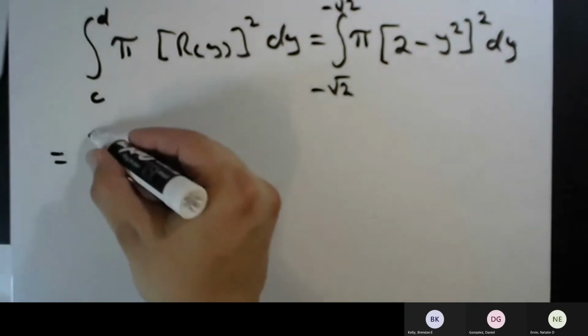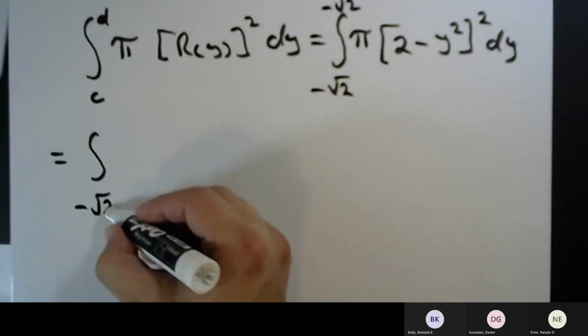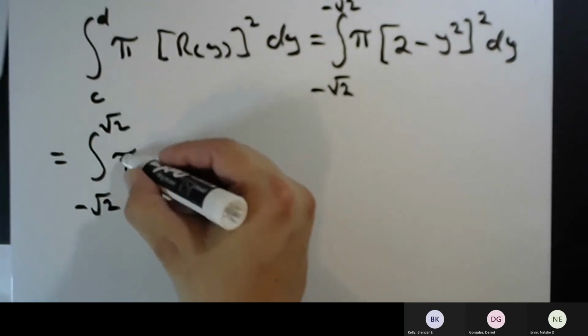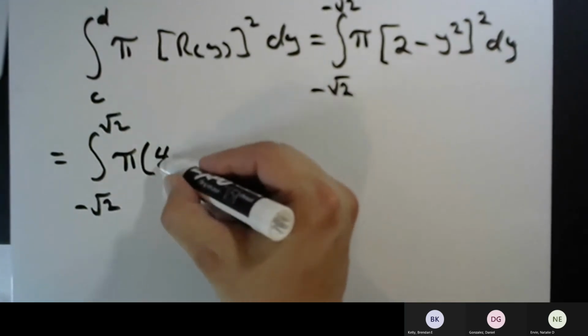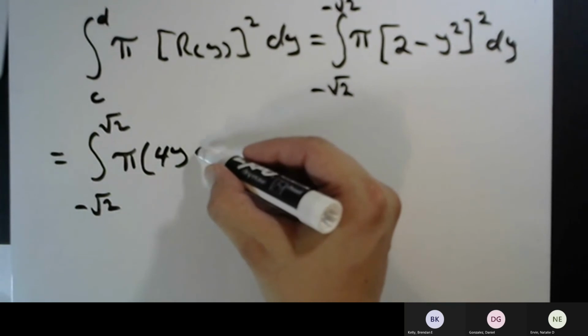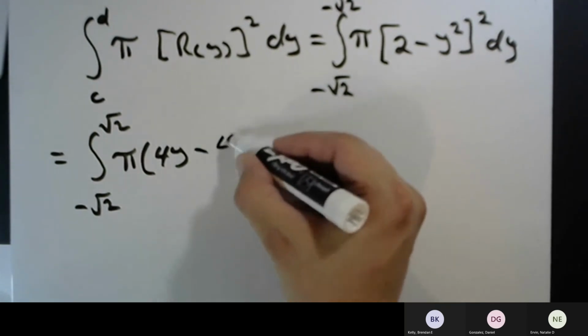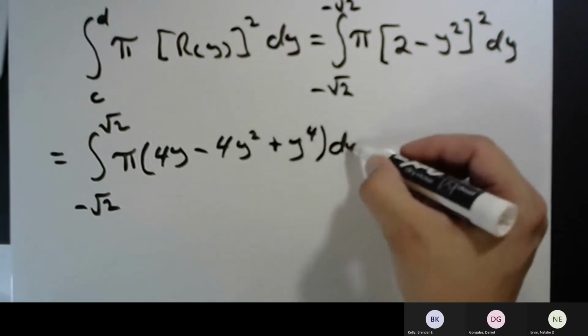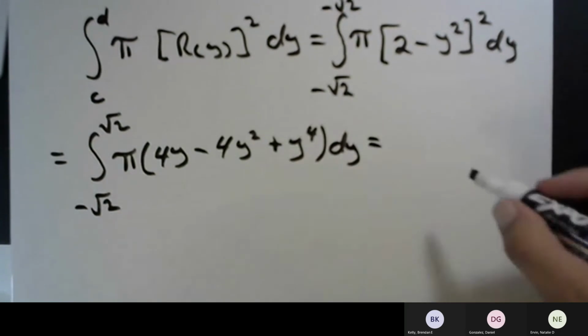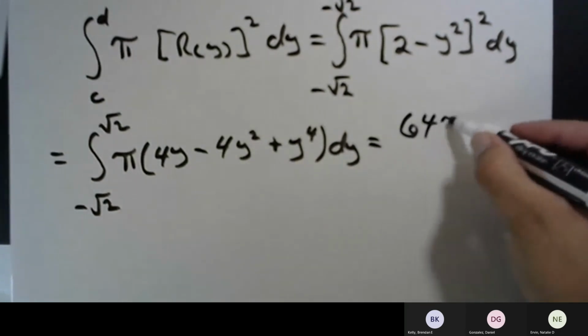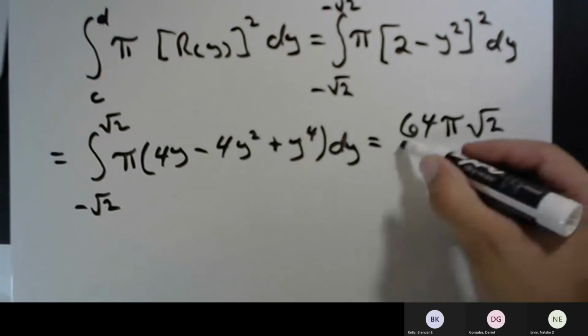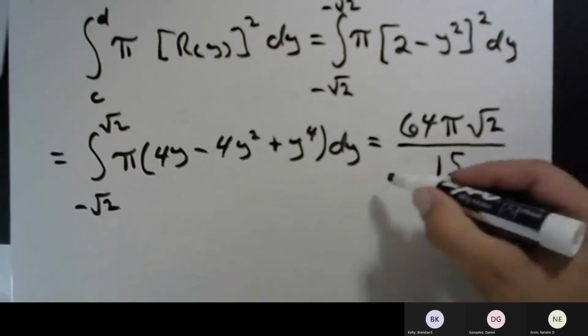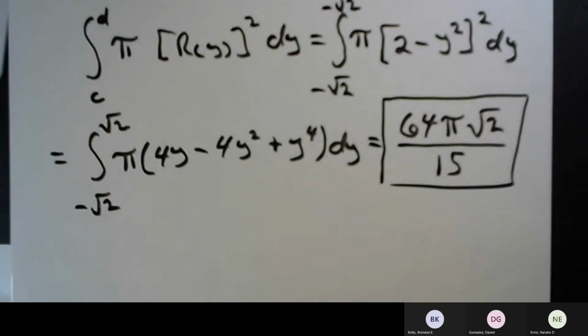And you can FOIL that. And if you hammer out the integral on that, you're going to get this over 15. So questions about that?